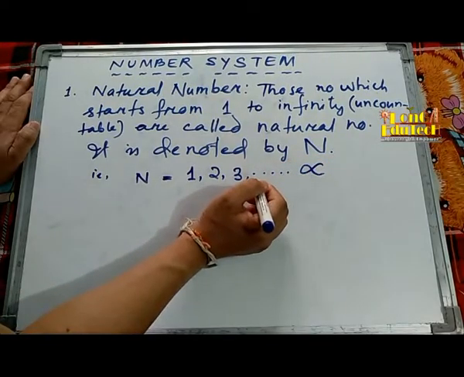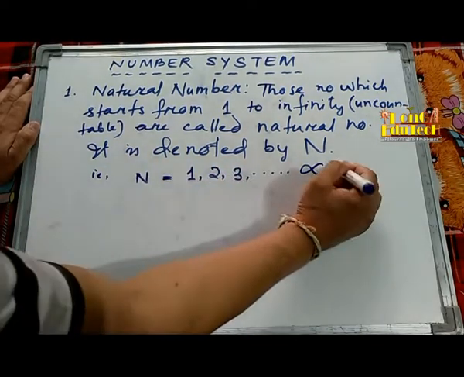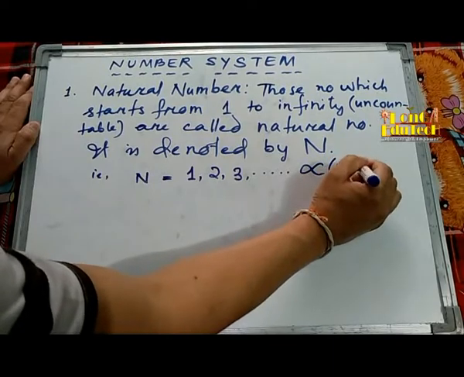Infinity here is denoted by the symbol ∞. Actually it is a Greek letter, and this determines that it is uncountable.